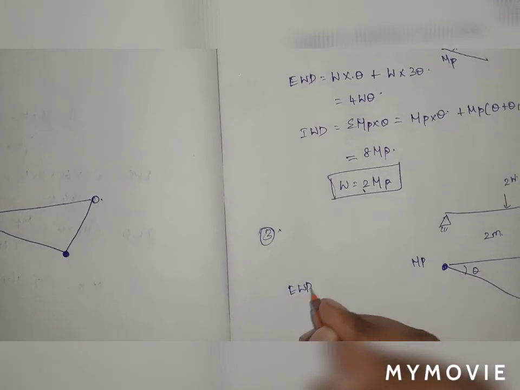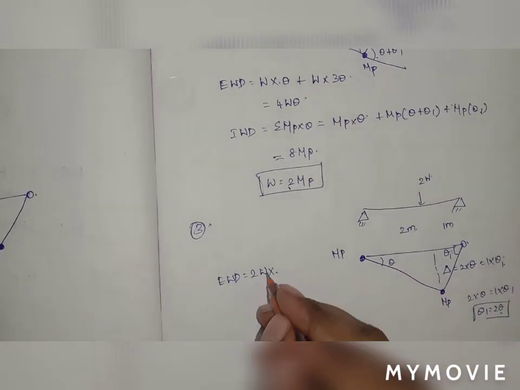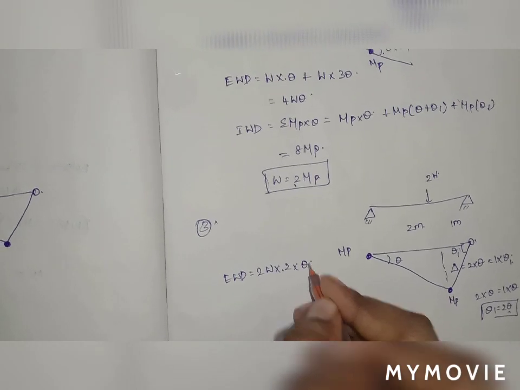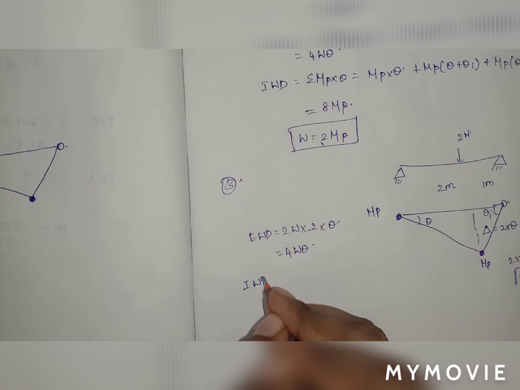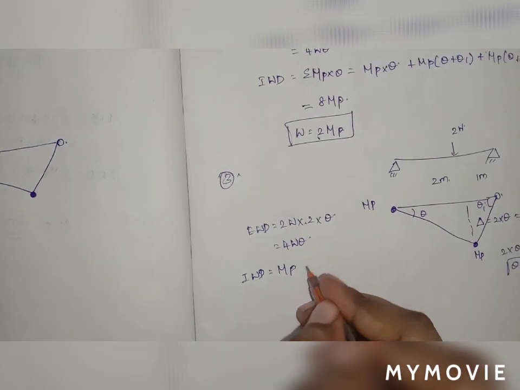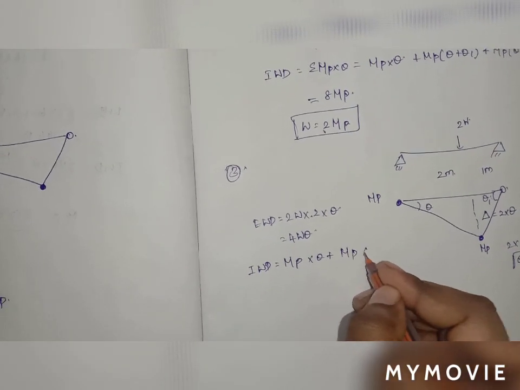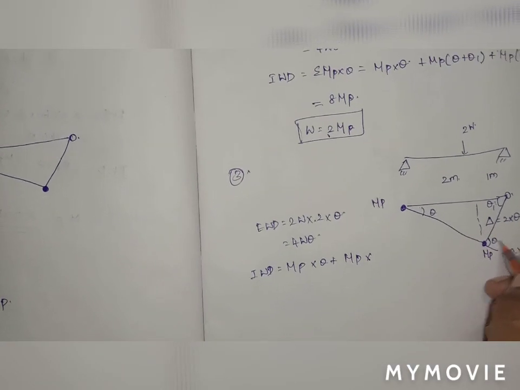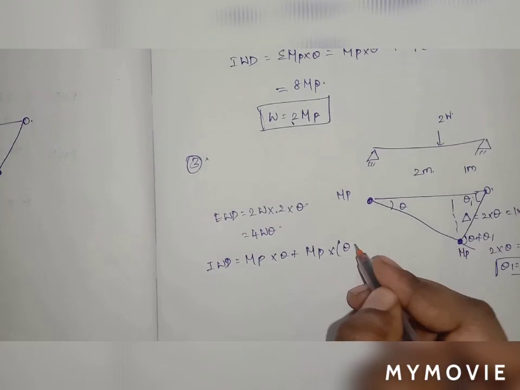External work done is equal to load into deflection, which is equal to 2w into the deflection 2 into theta, which is equal to 4w theta. Internal work done is equal to the first plastic hinge mp into theta plus the second plastic hinge mp into theta plus theta 1.